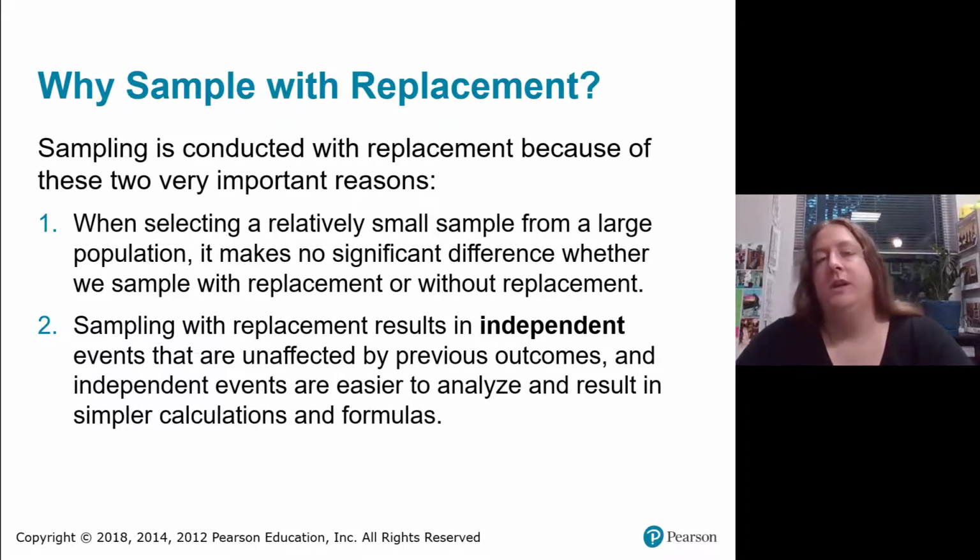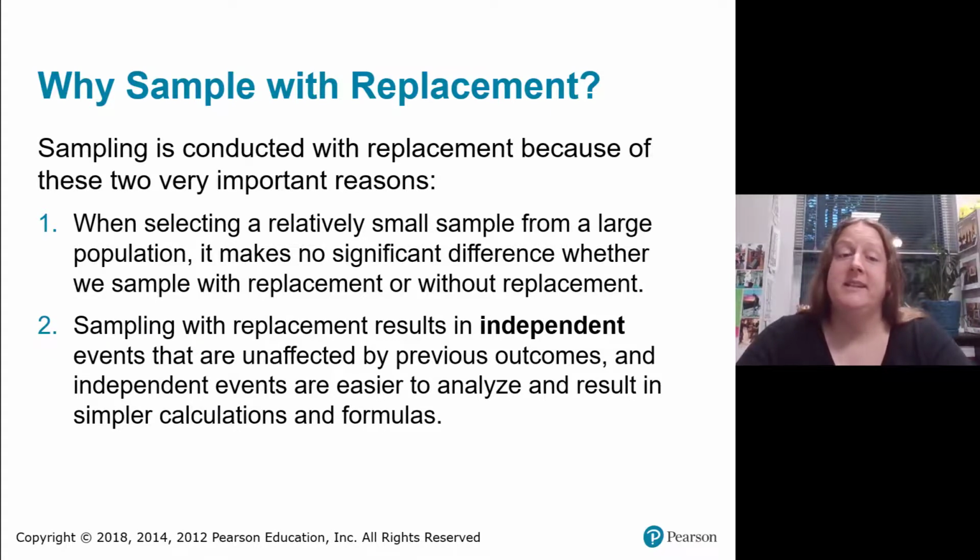So really quick, when we're talking about all of this, we've been dealing with sampling with replacement. There are two important reasons for that. The first is that it doesn't matter whether we're replacing or not when we're selecting a relatively small sample from a large population. There's no significant difference, so we can just assume that we are.